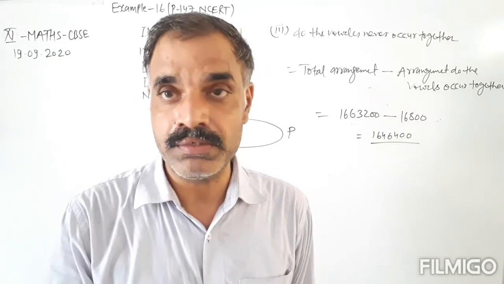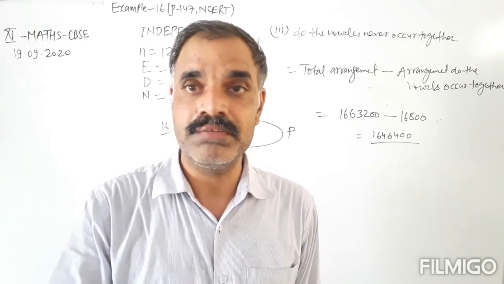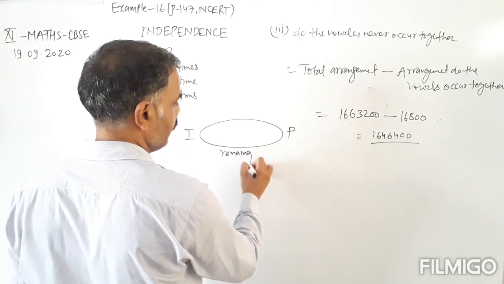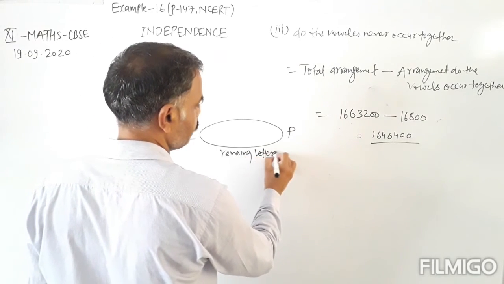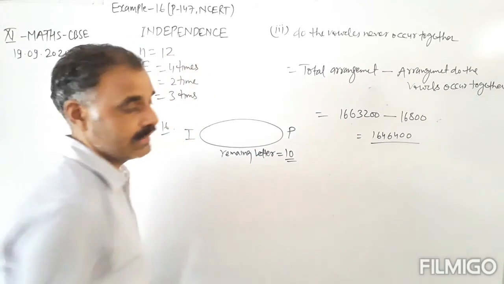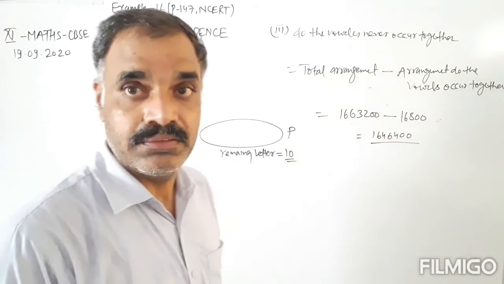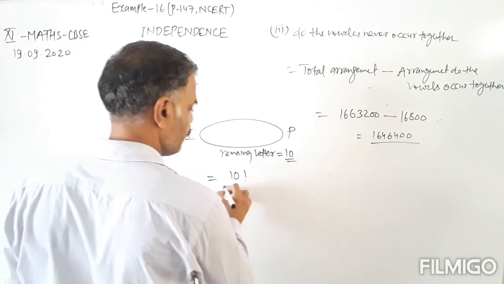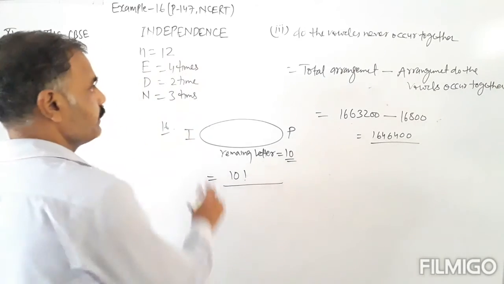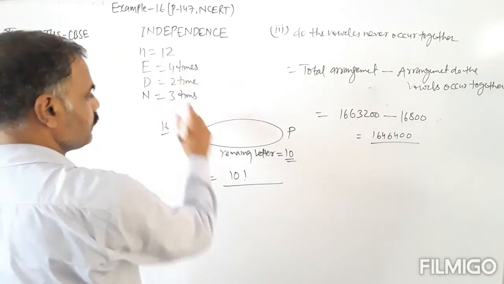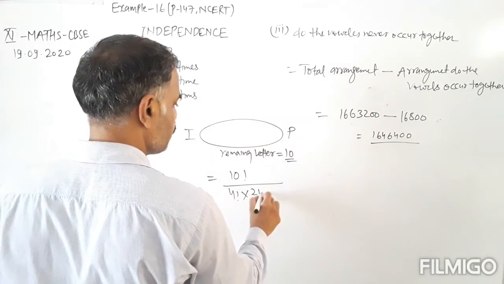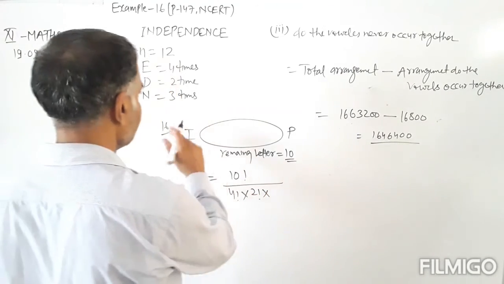The total number of letters is 12, so the remaining letters that we have to arrange are 10 letters. We arrange them by factorial 10, divided by factorial 4 for E repeating 4 times, 2 factorial for D repeating 2 times, and factorial 3 for N repeating 3 times.